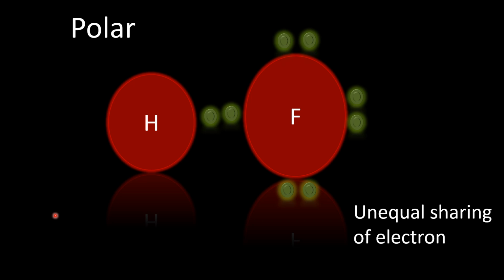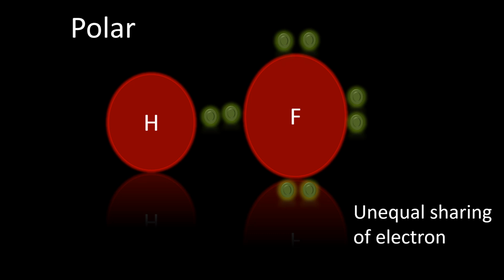So whenever there is unequal sharing of electrons, that is, when the bond is between a highly electronegative element and an element of low electronegativity, and the electronegativity difference is more than 1.5, then it is a polar molecule and there will be unequal sharing of electrons between the two atoms.